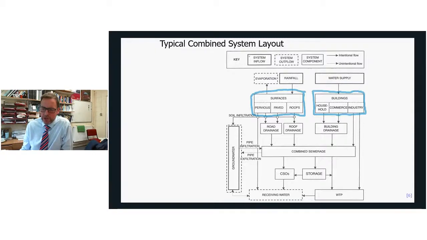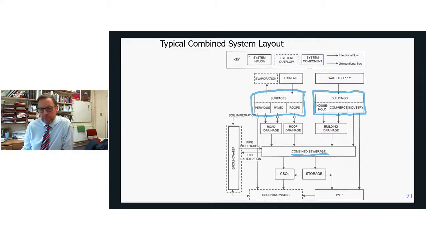They'll discharge to a road drainage system or the roof drainage system, which will then go on to discharge to the combined sewer. Likewise, we've got the building drainage system, and that could be residential, commercial or industrial. That will connect to the building drainage system, and then it will go on to the combined sewer network.